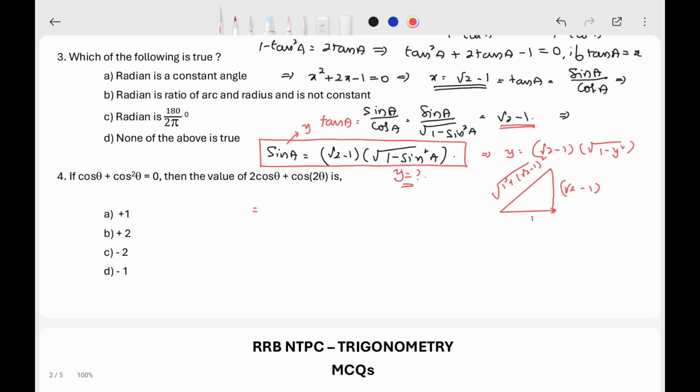Now I have to find sin A. To find sin A, I have to get the hypotenuse. Hypotenuse value is equal to the square root of adjacent side square plus opposite side square.